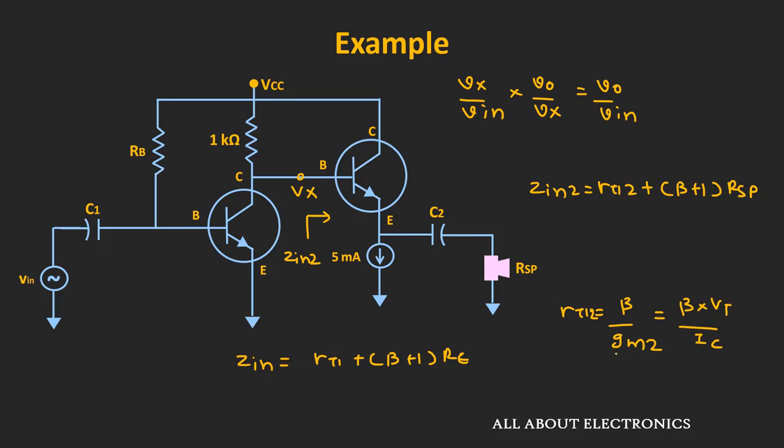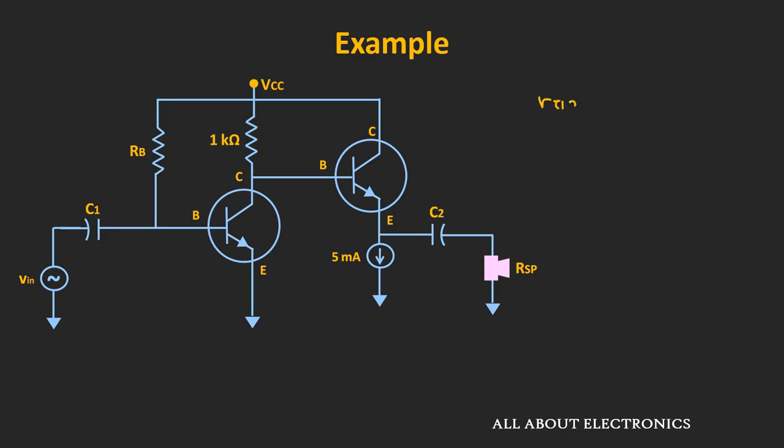Now here this emitter follower is biased at 5 mA, and for simplicity let us assume that the thermal voltage Vt is equal to 25 mV. That means r_pi2 is equal to beta times 25 mV divided by 5 mA, and the value of beta is equal to 100. That means this r_pi2 is equal to 500 ohm.